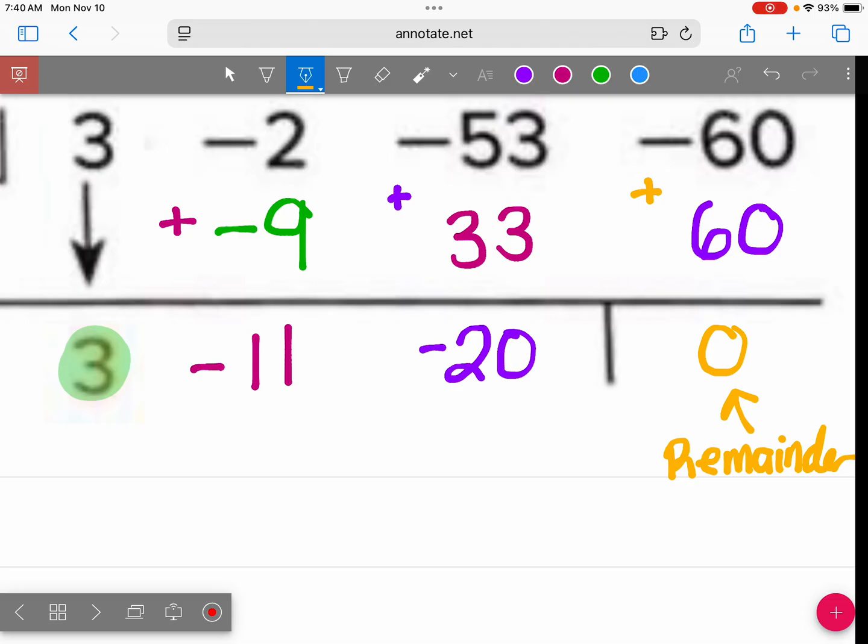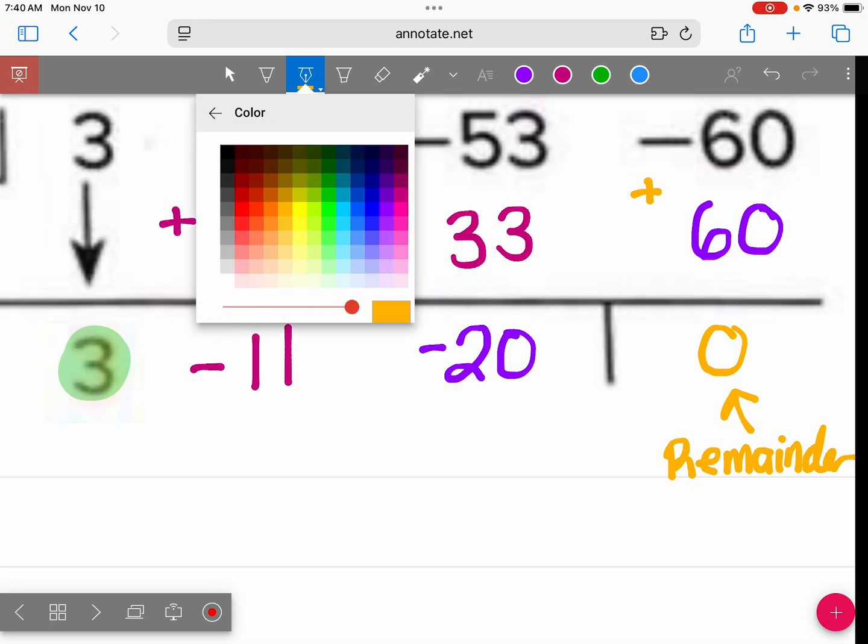The numbers to the left of our remainder are the coefficients of what would be on top. So it's always going to be our number, just a constant, at the end here. And this is going to be an x, and then our next piece would be an x squared. It's always going to count up. So I'm just going to mark that down.